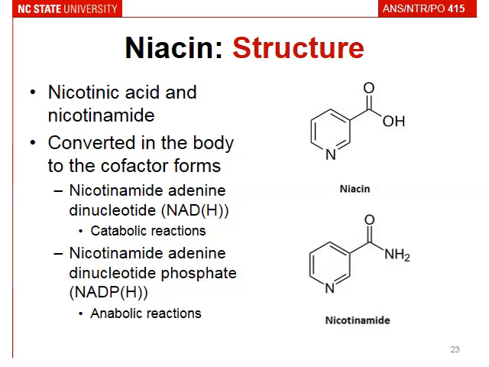Niacin is probably more similar to our fat soluble vitamins in having more international unit requirement, but we have the two main forms of niacin. It's converted in the body to the cofactor, and we've talked about both of these.